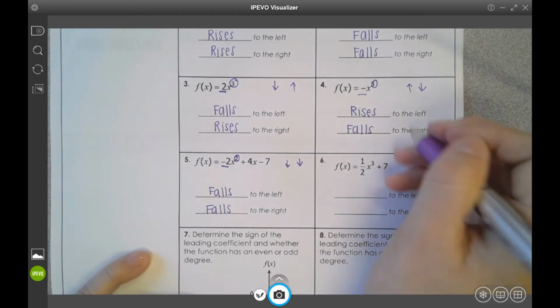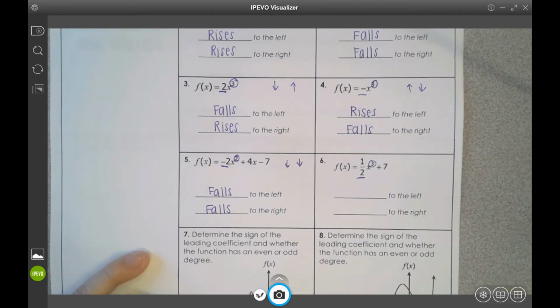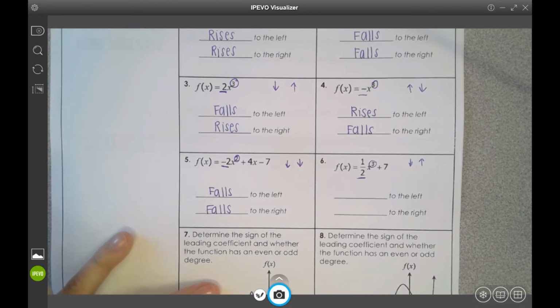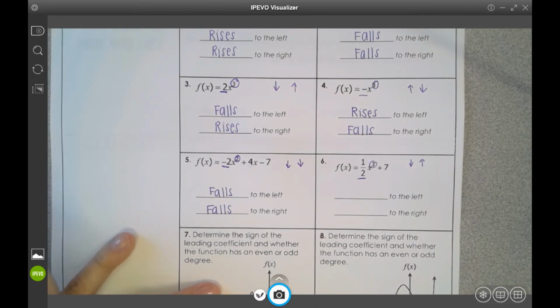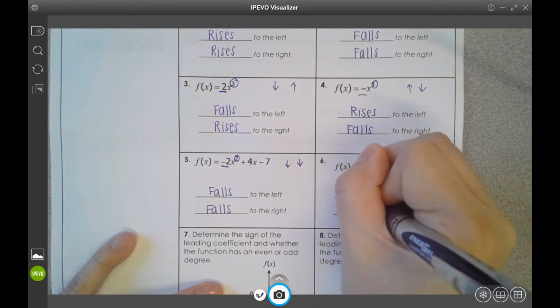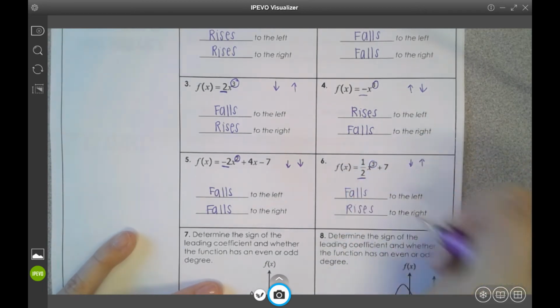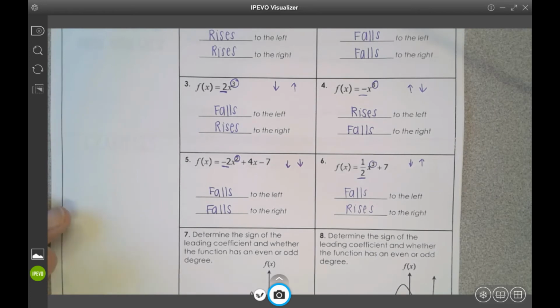Then we have positive odd. So falls to the left, rises to the right. Any questions on these?